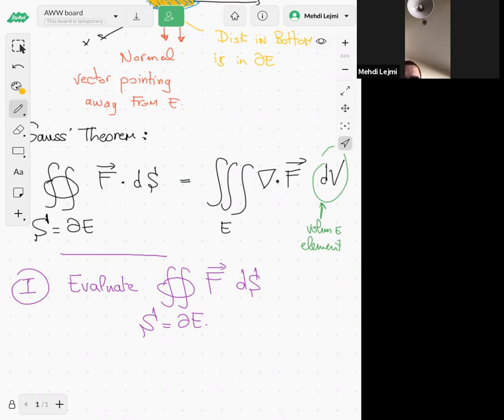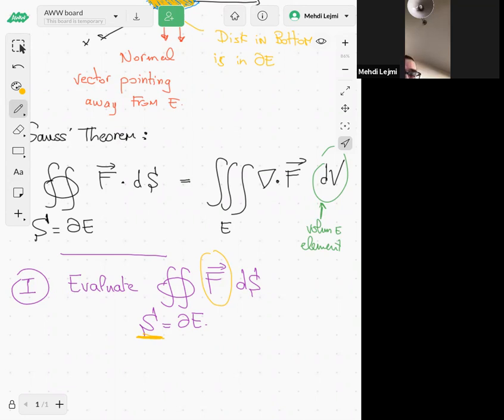Well, we know the vector field F, right? The main thing to do here is to evaluate this vector surface integral, so you need to parameterize your surface S, which is the boundary of E.